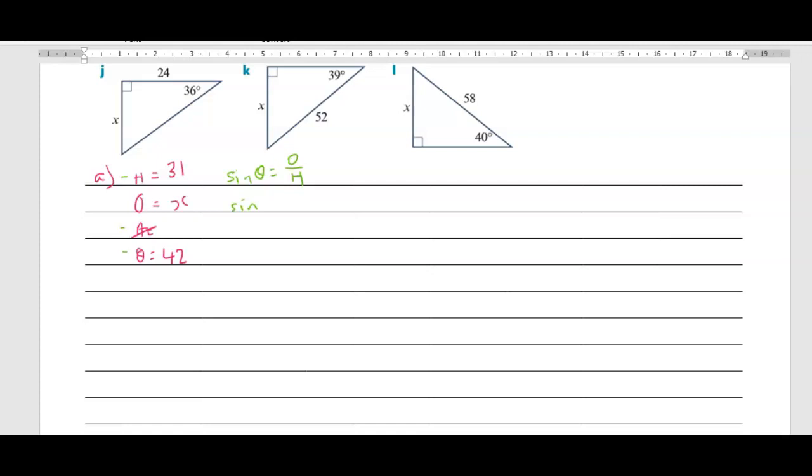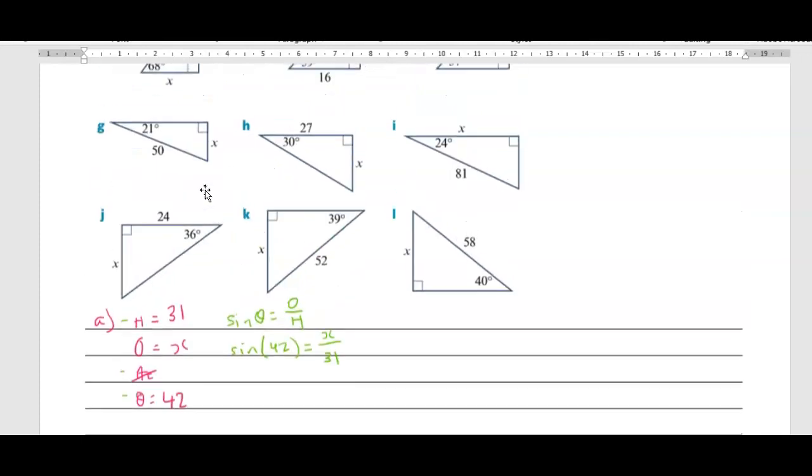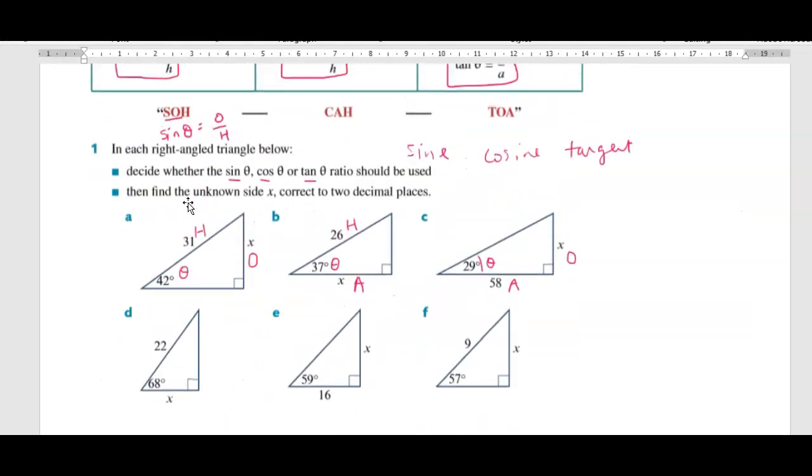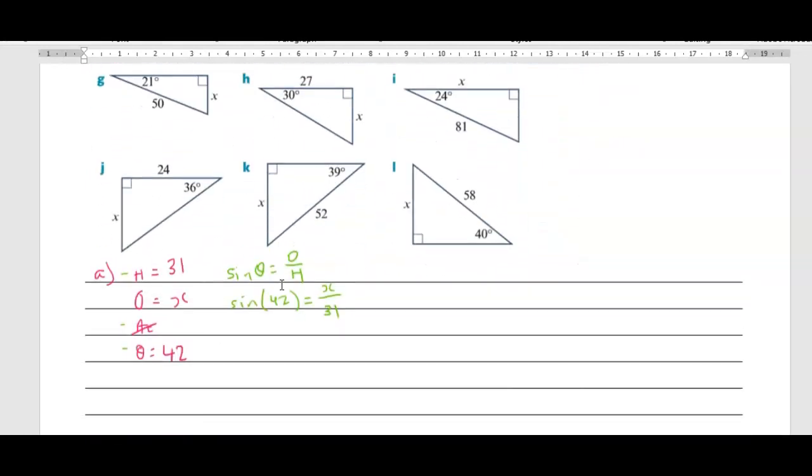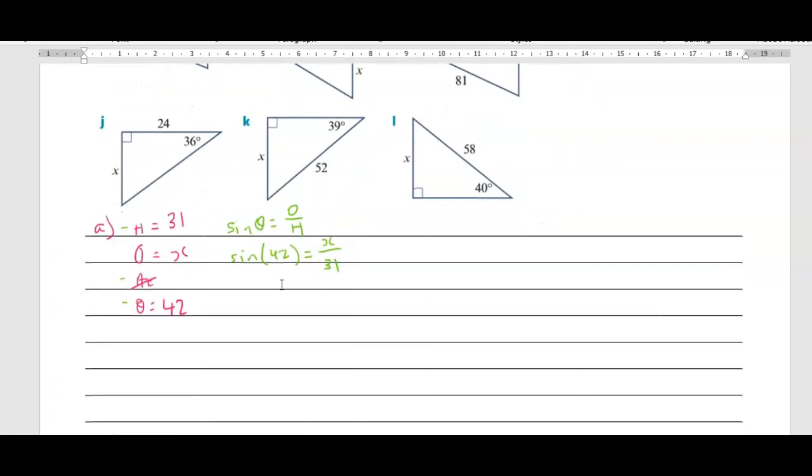So theta is 42, put in the brackets 42, opposite is x, hypotenuse is 31. The second part of the question is find the unknown side. So here I've got an equation: sine 42 equals x over 31.